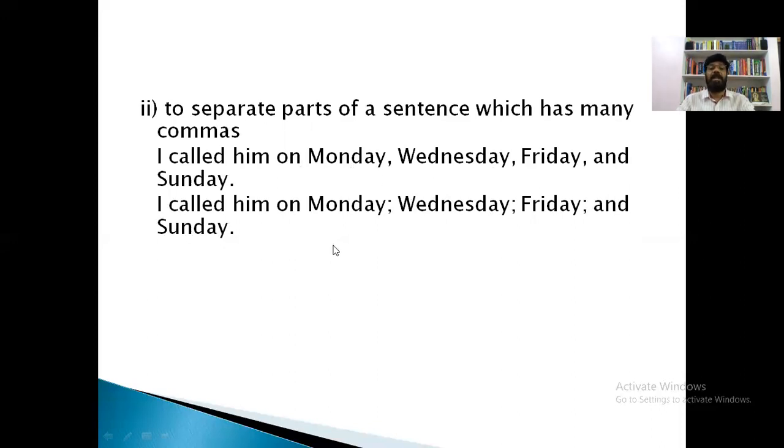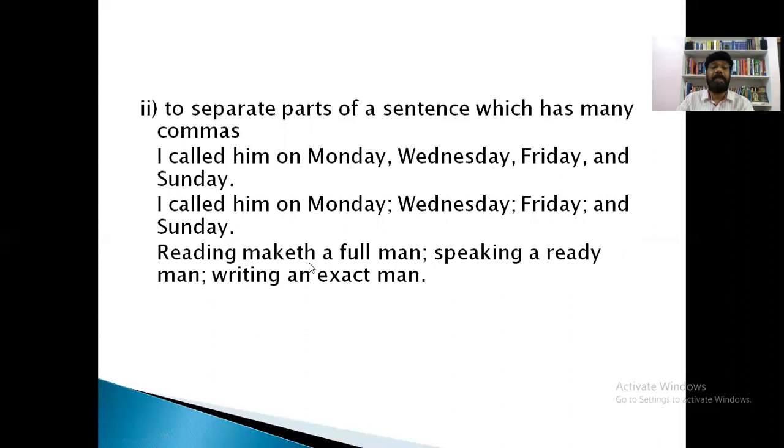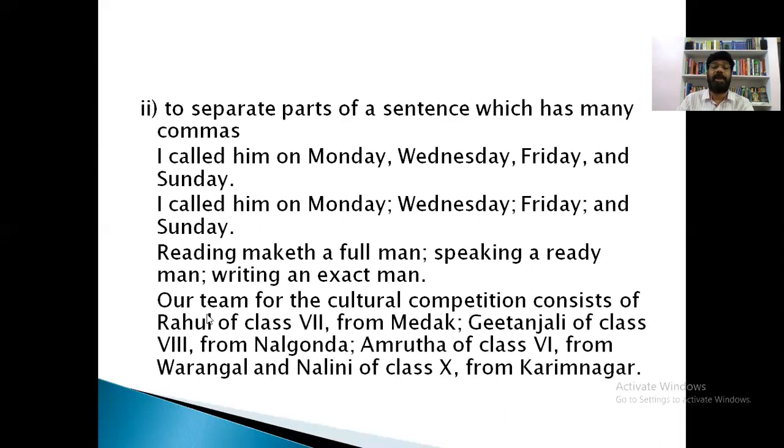See one more example. Reading maketh a full man; speaking a ready man; writing an exact man. Here, in place of a semicolon, a comma is also correct. So many commas can be replaced with a semicolon.